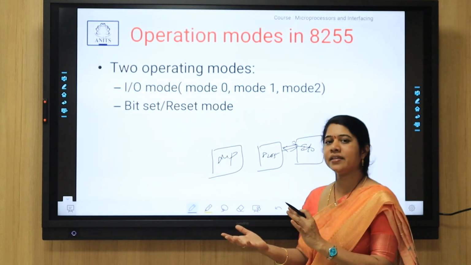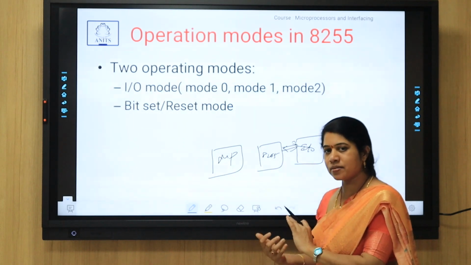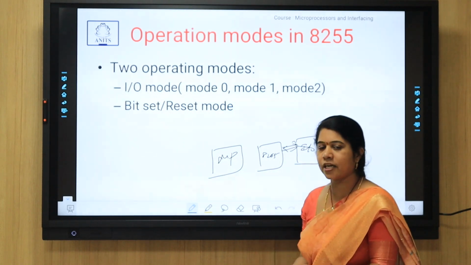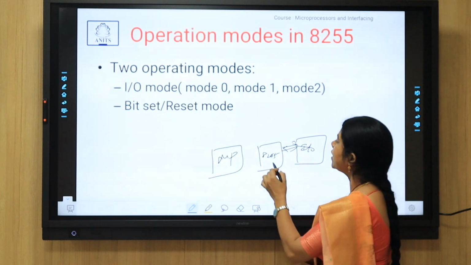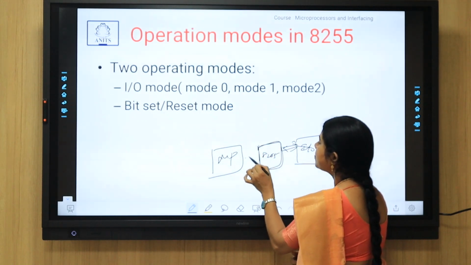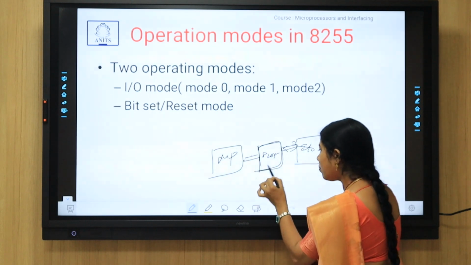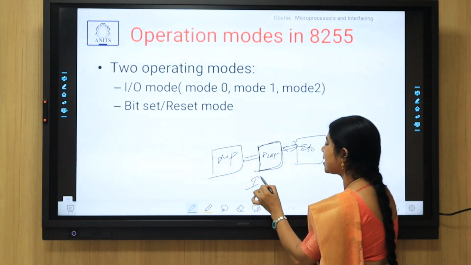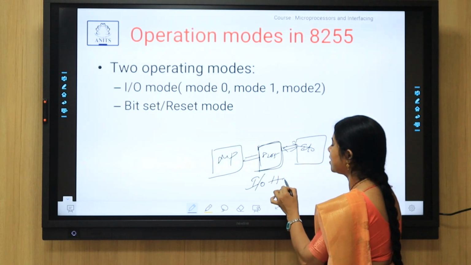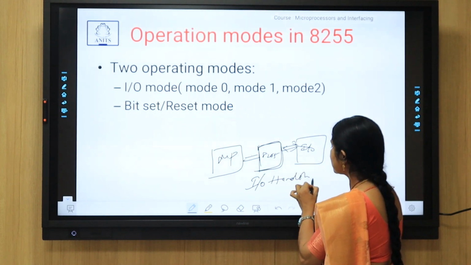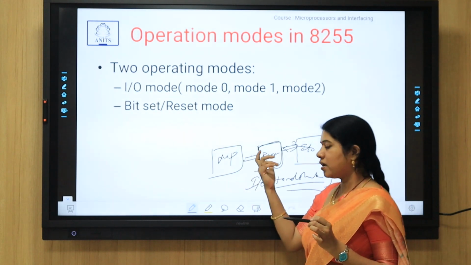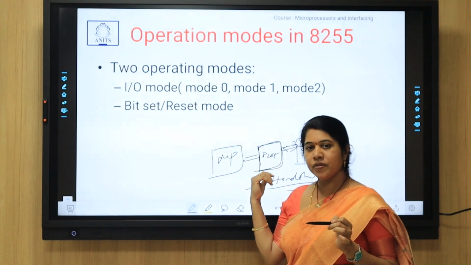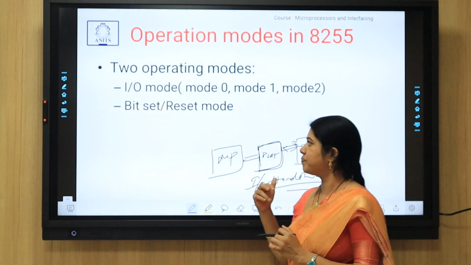There is no guarantee that the data is perfectly received or perfectly transferred to the output device. So, to increase the reliability of operation, 8255 is used, and among the three modes, this handshaking I/O mode is also used. Mostly when 8086 is interfacing with 8255, this mode of operation is used.